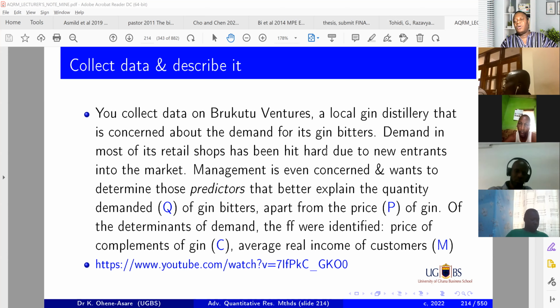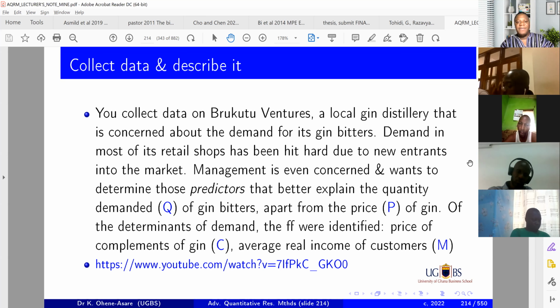Now, the quantity demanded of gym bitters is affected by the price of gym bitters. It's also affected by several other factors, and you are told that some of the factors are the price of the complement and the average real income of customers.